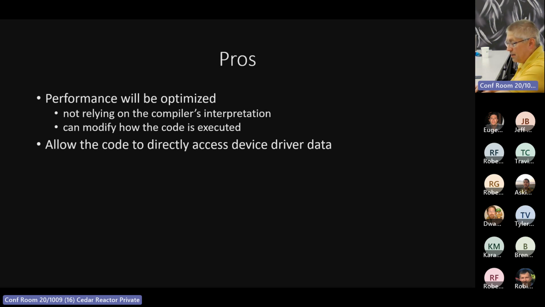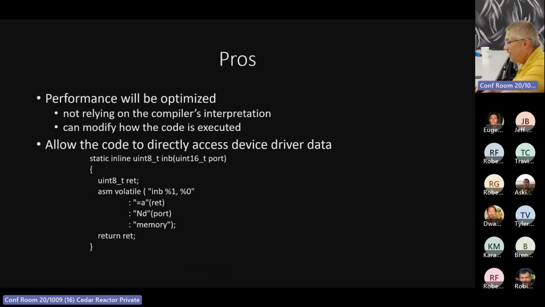And it allows you to access device driver data. So you can do some IO operations that you don't have the ability to do in regular C++, because you're working on a different security layer. Like in this example, we're getting an in byte from a particular port.